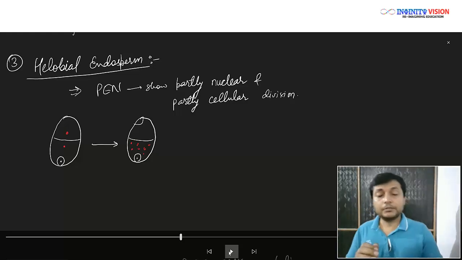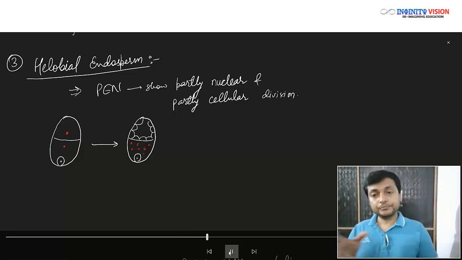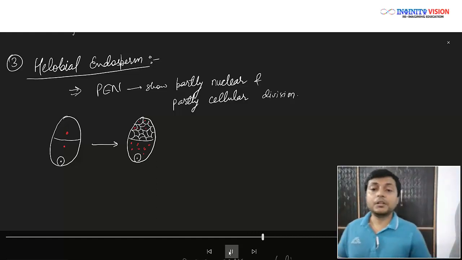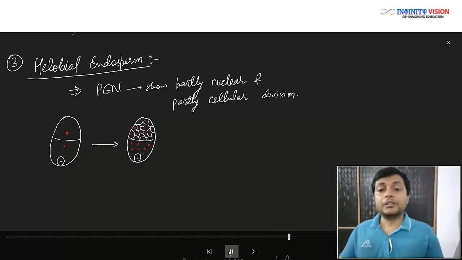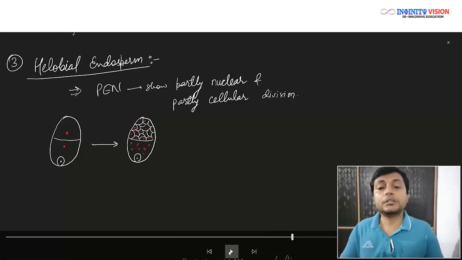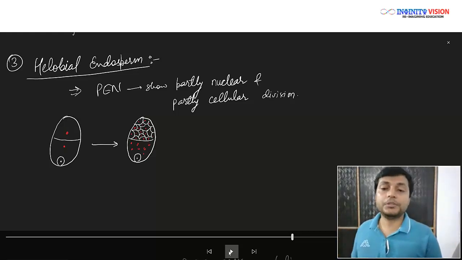So the chalazal side shows cellular type of endosperm development, whereas the micropylar side shows nuclear endosperm development. On the chalazal side there is complete division, and as a result solid cellular endosperm is formed, whereas on the micropylar side only free nuclear division occurs, and as a result liquid nuclear endosperm is formed.